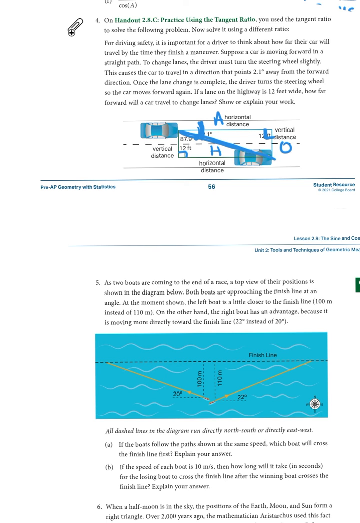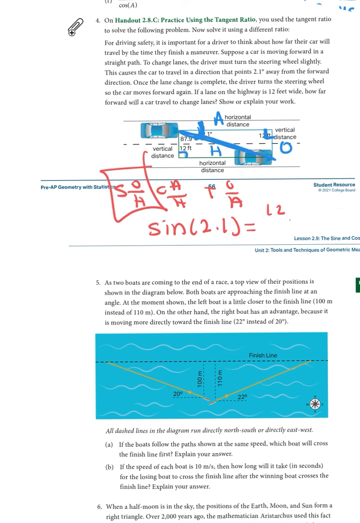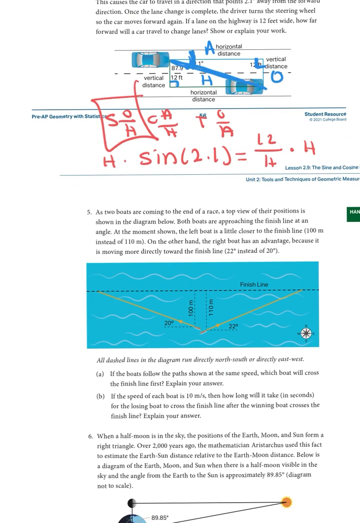So let's pull up our trig. SOHCAHTOA. And since I want to find H and I know what O is, we're going to be using sine. So I have sine of 2.1 is equal to 12 over H, and solve for H. So times H on both sides.